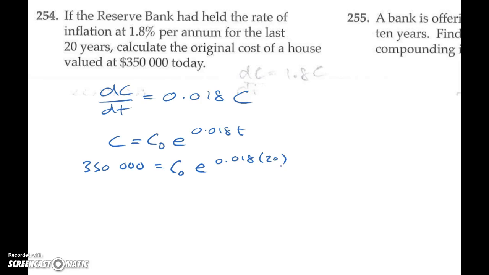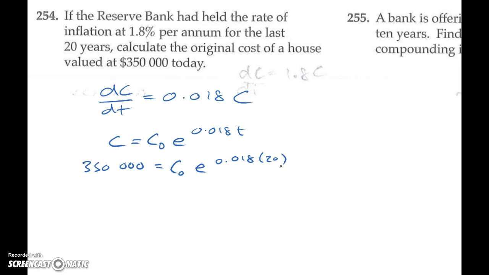As you can see in this case, I'm not having to find the natural log of anything. So that kind of goes with the first video that I made, if you did watch that. So 350,000 divided by, remember e is an actual value, so if you've got what the power is, you can just substitute that right in there.